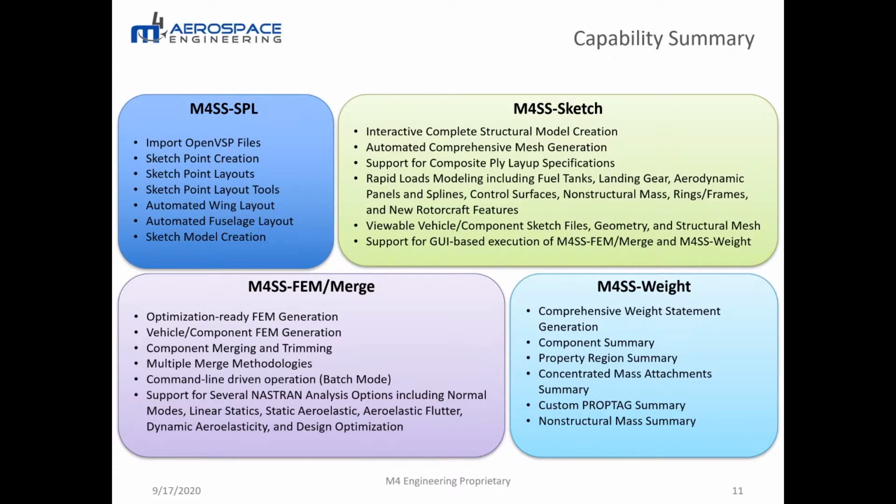I'll give a little bit of background: prior versions of Structure Studio had the sketch point layout capabilities all done within OpenVSP. Now you would just bring your VSP file, once you're ready to start modeling the structure, directly into our tool. You wouldn't need to do any sketch point layout creation within VSP anymore or use our customized version, because now all of those capabilities have been ported into our tool.